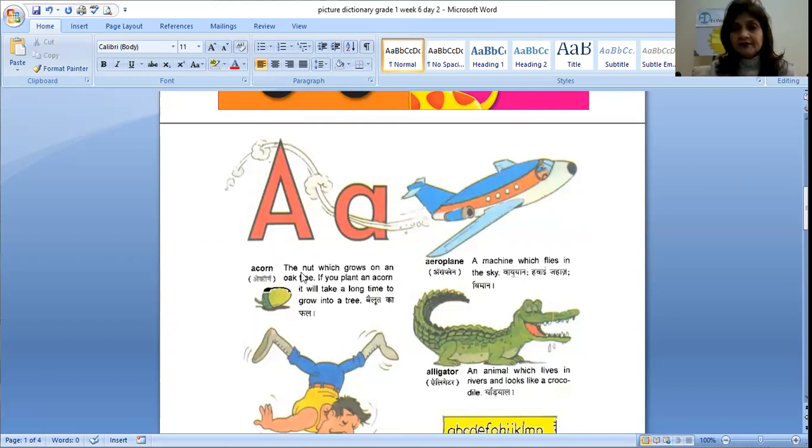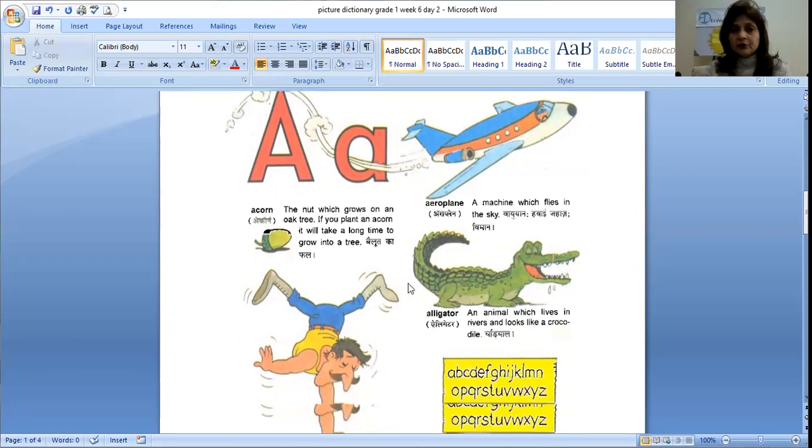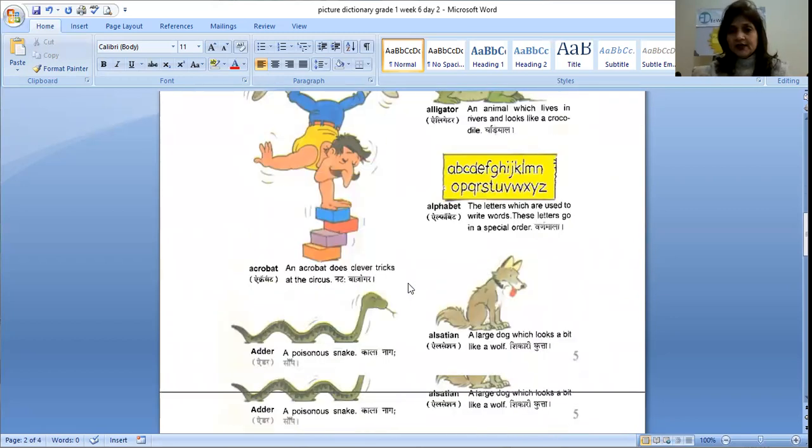They have given the meaning of aeroplane, that a machine which flies in the sky, right? An alligator is an animal which lives in a river and looks like a crocodile, right? So you use a dictionary to find out the meanings of different words. They have given a few words that start with A and their meaning.